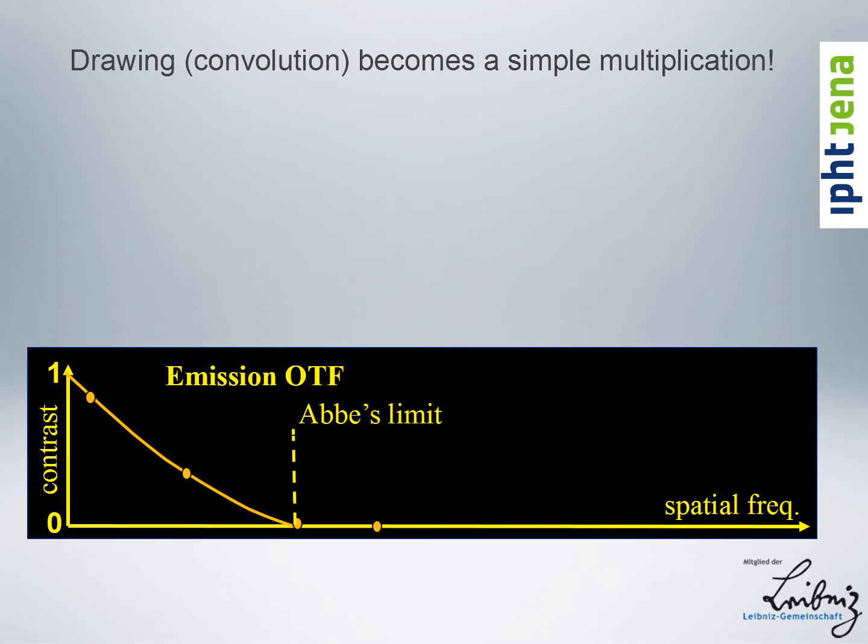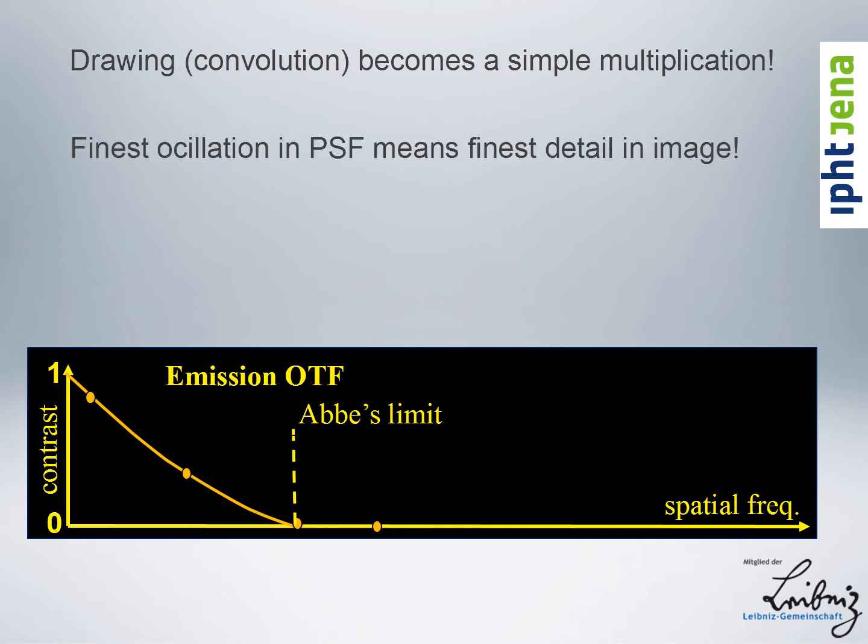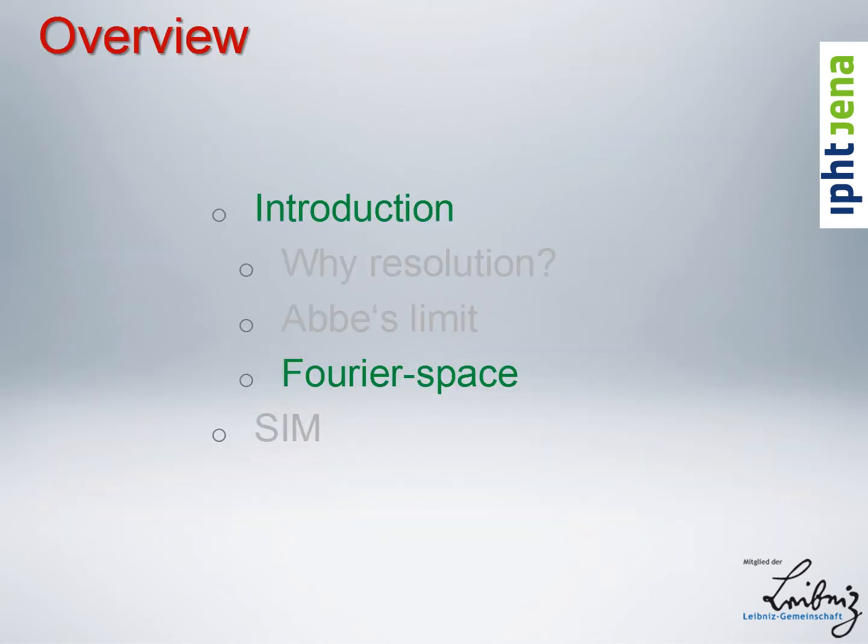Or of course, you have to come up with other ideas, and that's of course part of super resolution imaging. So once again, the finest oscillation in a point spread function means the finest detail in an image that can be transferred. So we need to now understand Fourier space a little bit better. What is Fourier space?